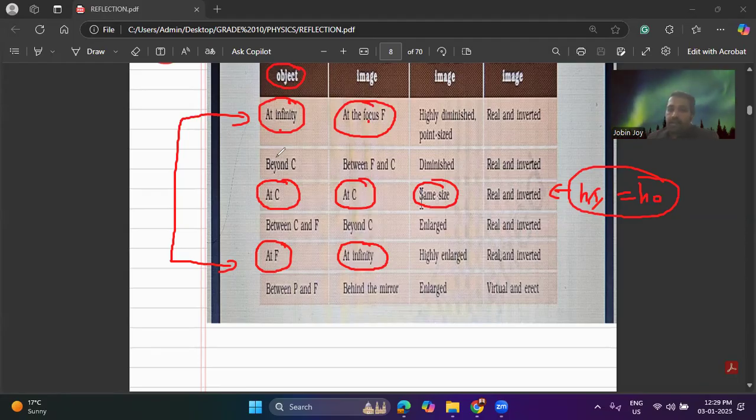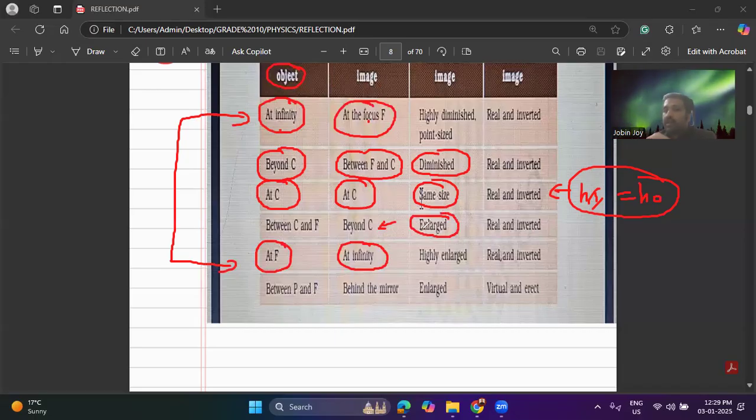Then if the object is beyond C, that means between infinity and C, the image will be between F and C, and the image will be diminished. Then if the object is between C and F, the position of the image will be beyond C, and it will be enlarged.